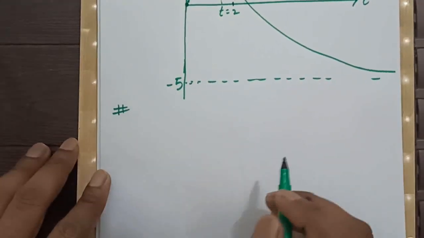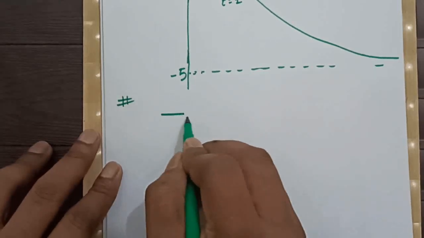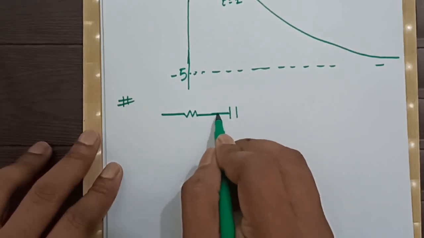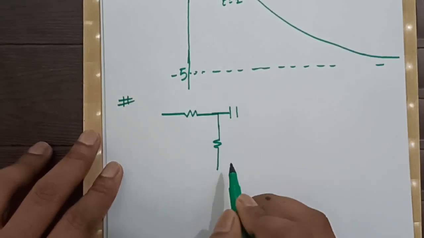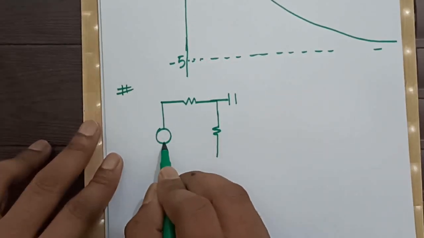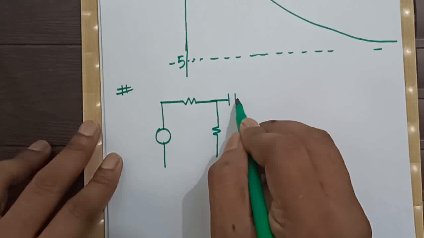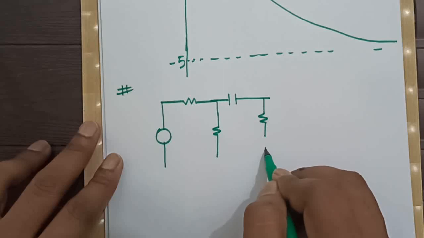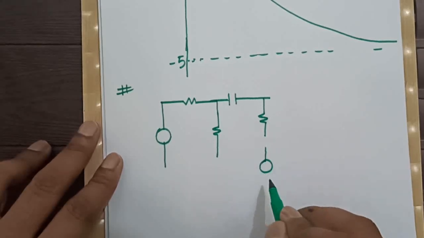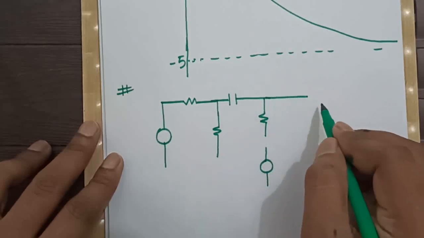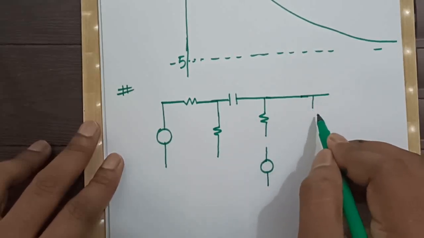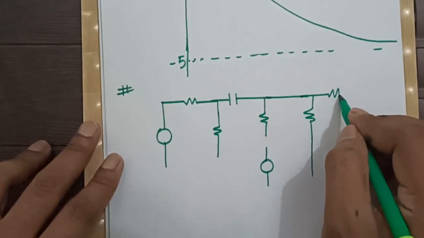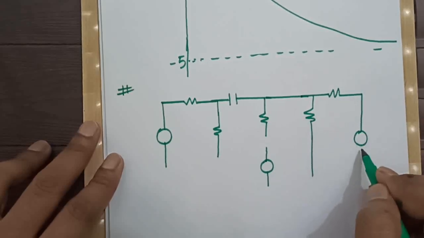The assignment circuit is: a resistor, a capacitor, a resistor, a 10 volt source, and in this part a resistor, a switch, a voltage source, a resistor, another resistor, and a current source.